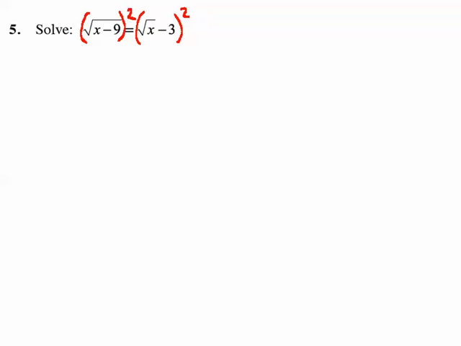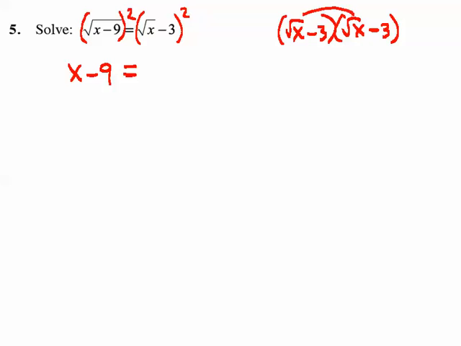Okay, I think that's why in the last section we actually took a square root of x minus 5. Remember that? This is square root of x minus 3, but similar. So on the left side, square root of x minus 9 goes away. We got x minus 9. On this side, again, if you need to do it off to the side, go for it. That's what I would probably do.